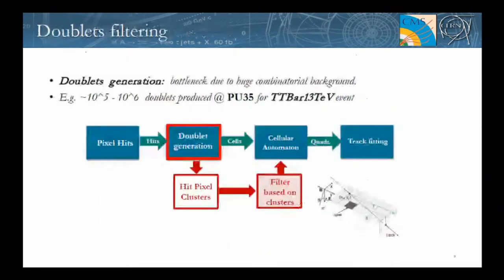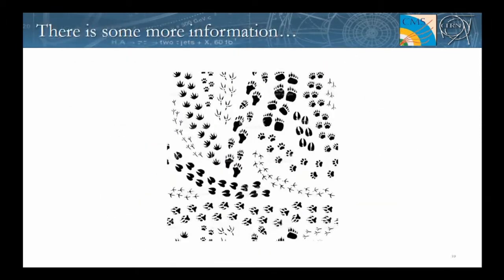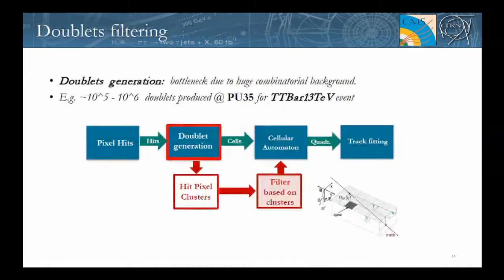So an idea that we had is, why should we follow all the possible tracks if we can actually look at the shape of these pixel hits, which are actually clusters, and follow only those pixel hits which are compatible with each other.